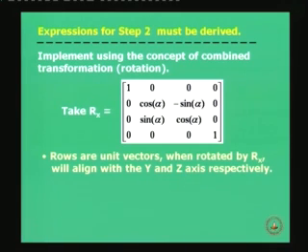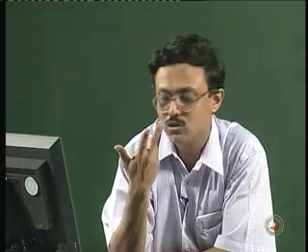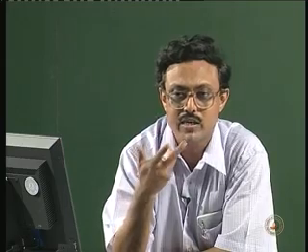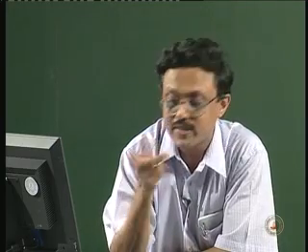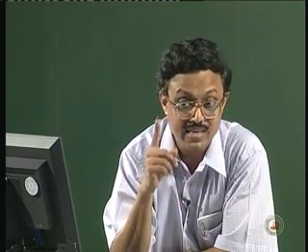If you take these rows of this matrix, each row is a unit vector, and you can verify that. Take the first 3 terms of each row, do not take the 4th term, because the 4th term in the 4 by 4 matrix is due to the homogeneous coordinate system. So take just the top left 3 by 3 submatrix and take the 3 elements of each row, because we are talking about 3-dimensional vectors. Each of these rows is a unit vector, and when they are rotated by Rx, the x coordinate does not change.